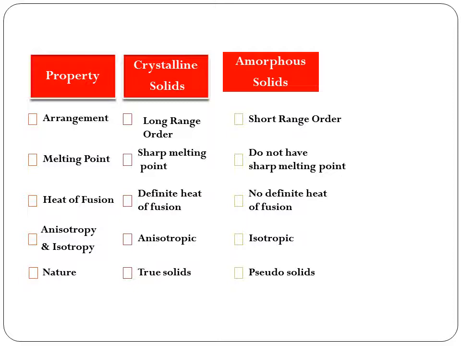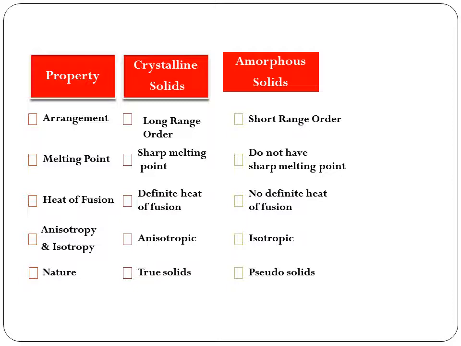Whereas amorphous solids are called pseudo solids. What do you mean by pseudo solids? At a particular condition, these solids eventually show flowing nature. The particles show the flowing nature. For example, glass.